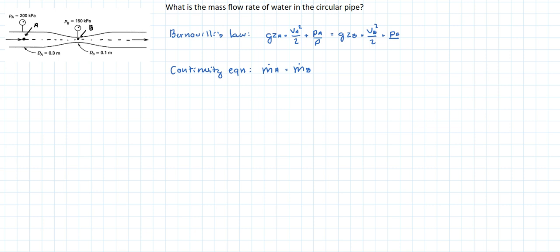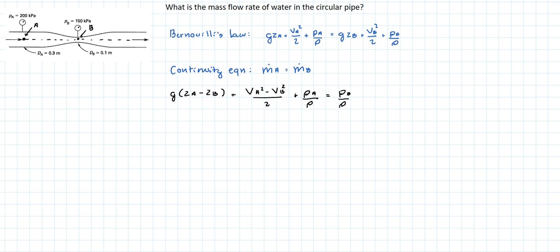If we bring the g z sub b term to the left, we will get g times (z sub a minus z sub b) plus, bringing the velocity term to the left as well, (va squared minus vb squared) over 2, plus pressure at A divided by the density of water, is equal to pressure at B divided by the density of water. I just forgot to put the density symbol there.